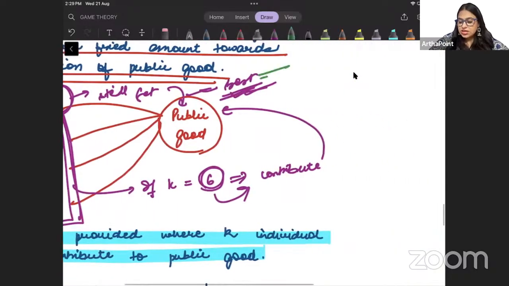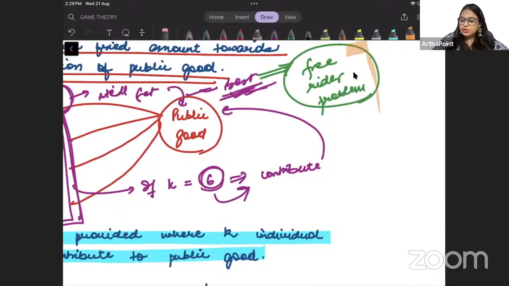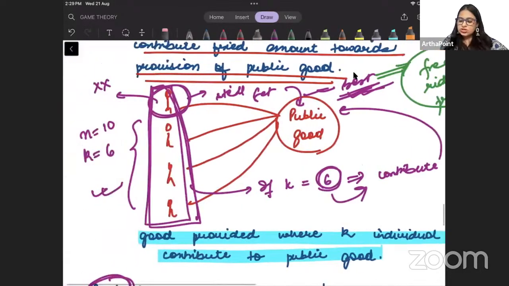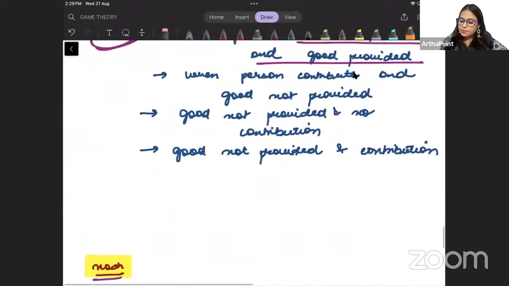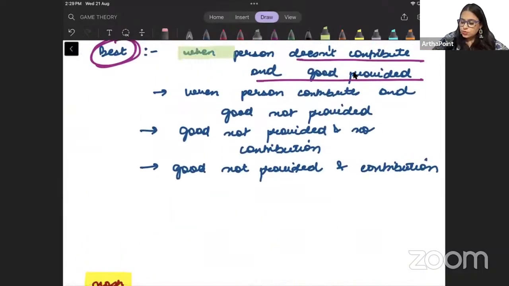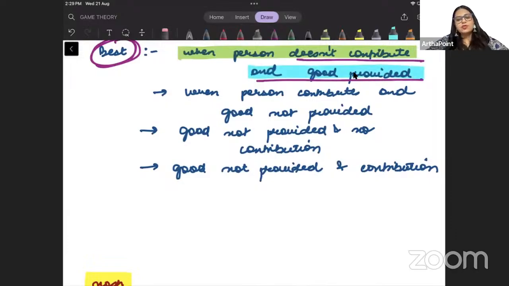We have studied this. इसको बोल देते हैं हम free rider problem. Right? This is my free rider problem, isn't it? So this is exactly what we are saying, that the best outcome for any individual is when the person doesn't contribute and the good is provided. Good भी मिल गया और person ने contribute भी नहीं किया.